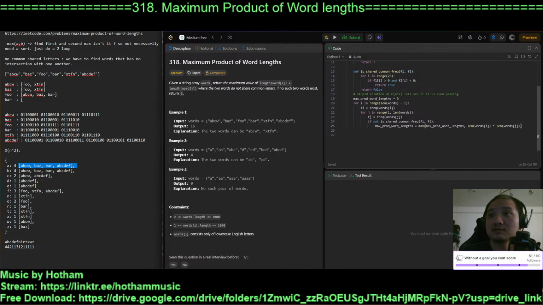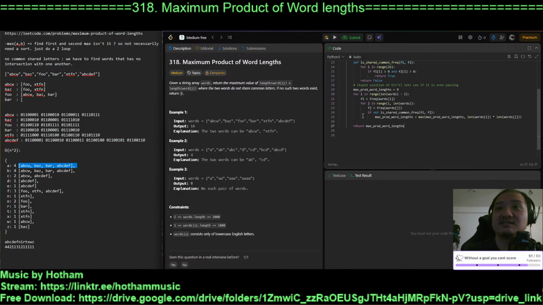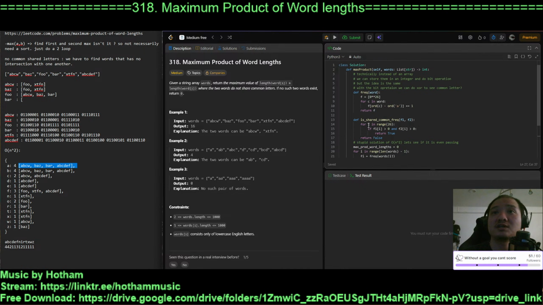So yeah, this is just a first stupid solution for the hard-coded, right? To see if it even passes. If it passes, then we can look to see if we can optimize them.